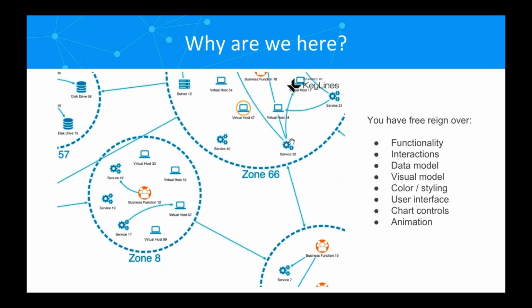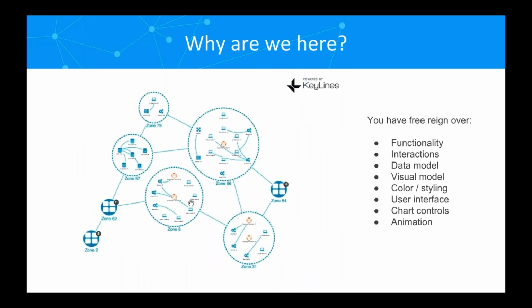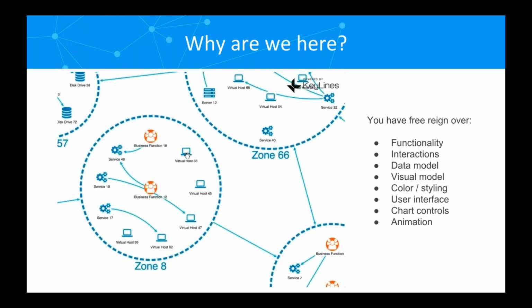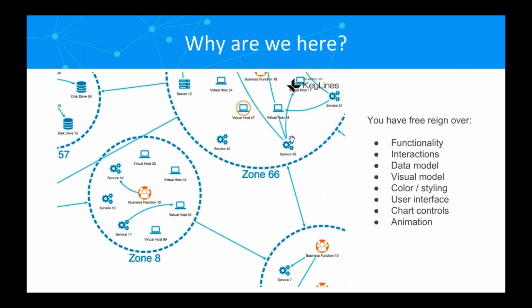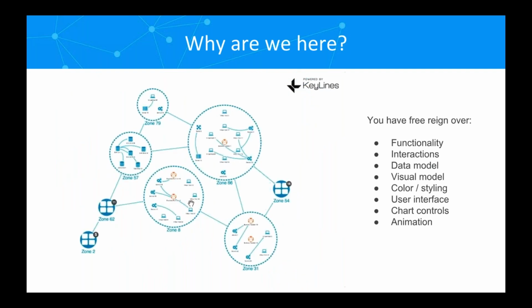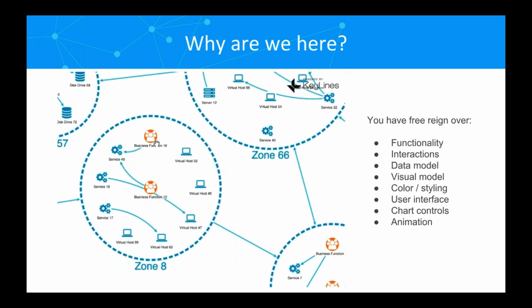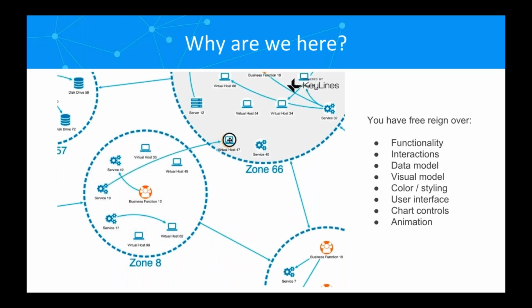The reason we're here today is because with KeyLines, we give you a huge amount of power to do pretty much anything you want with these visualizations. Everything is up to you to control: the way it looks, the colors, the styling, the way it animates, what happens when you click on things, what you allow users to do, how you allow users to interact with the chart, and so on. It's a very flexible toolkit.